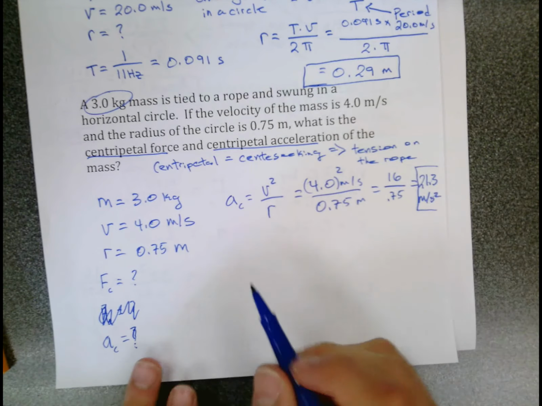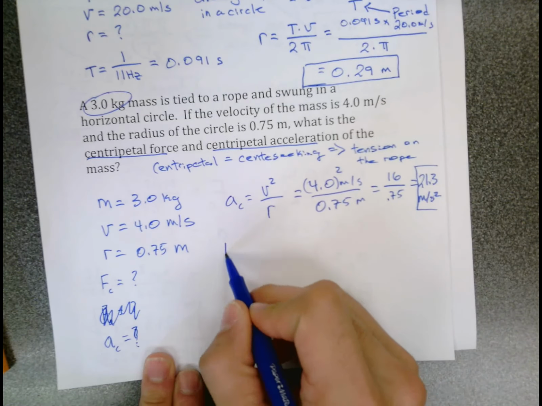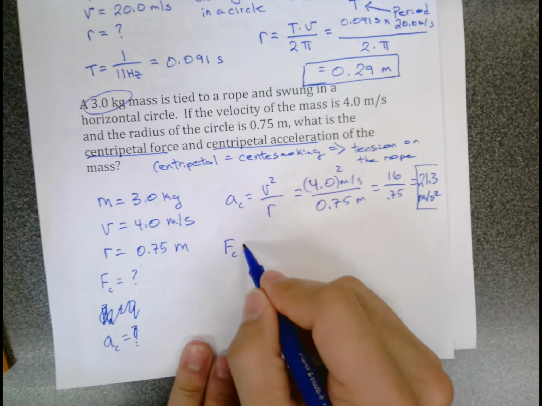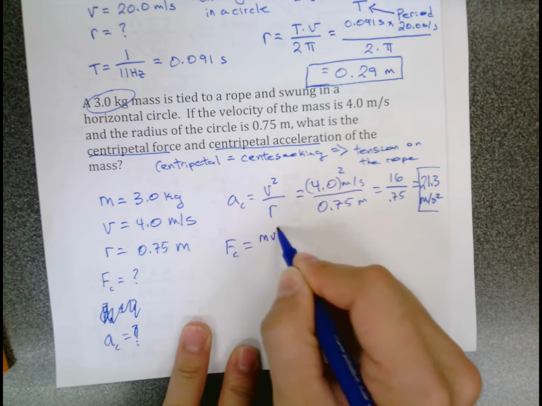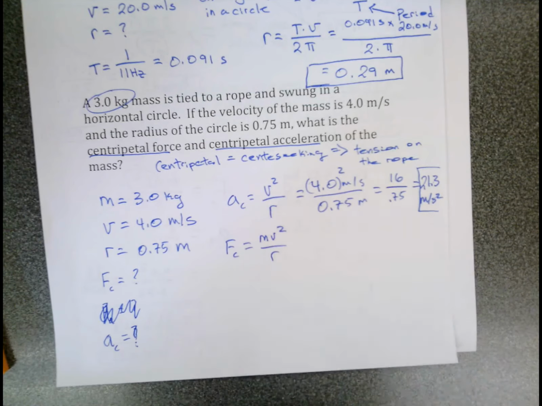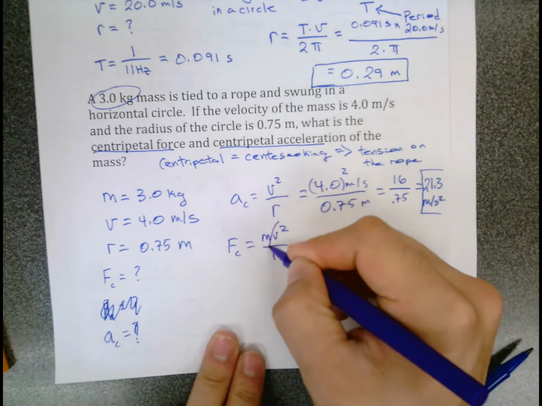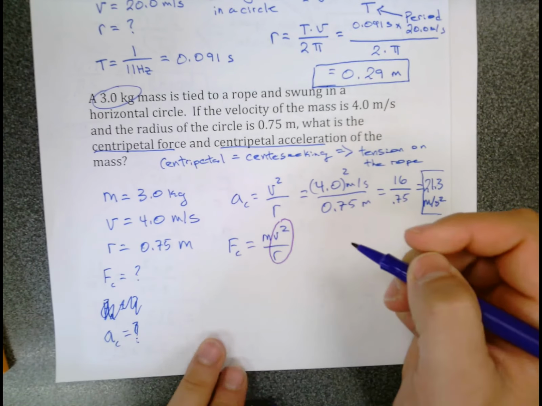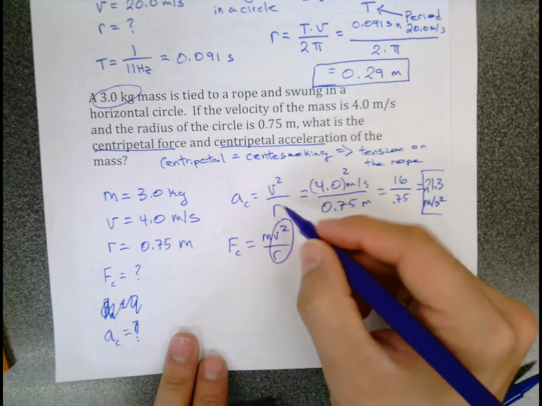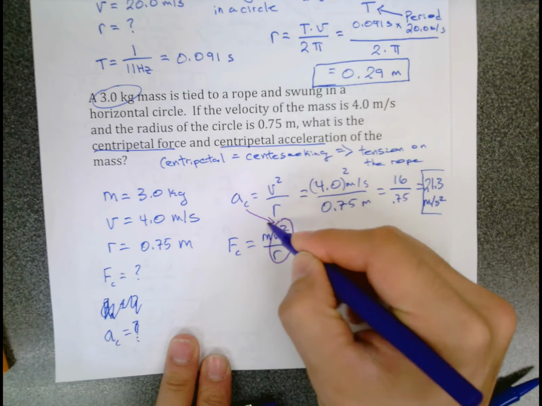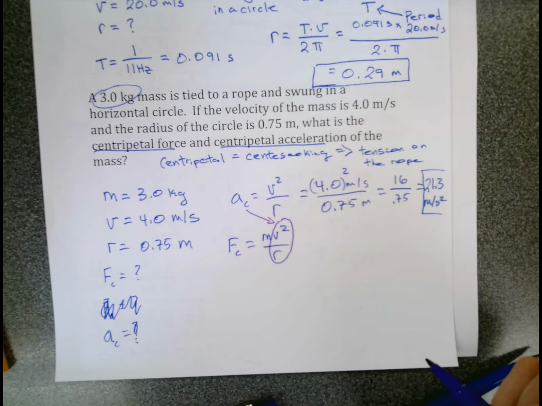So, of course, we can use the equation for the centripetal force for the second part, which is equal to mv squared over r. But if you can see, this v squared over r, we've already solved for. V squared over r is actually the centripetal acceleration.